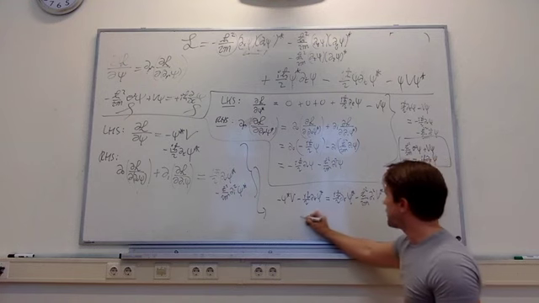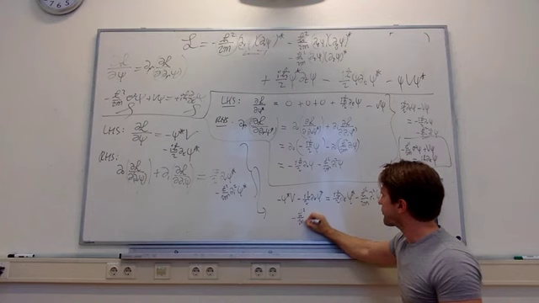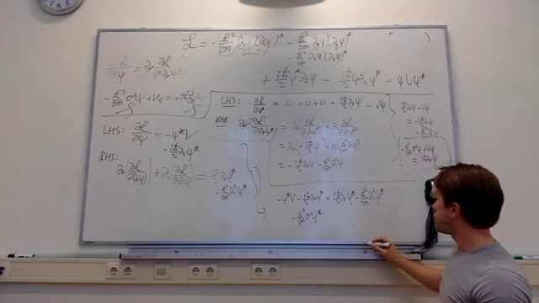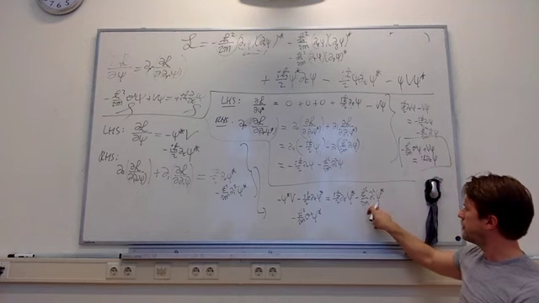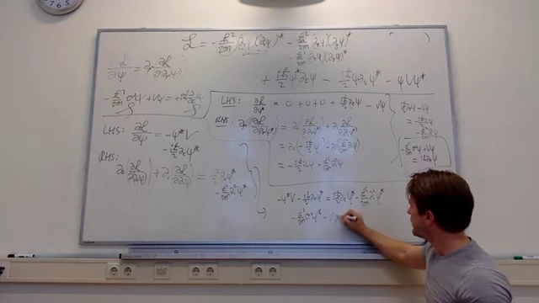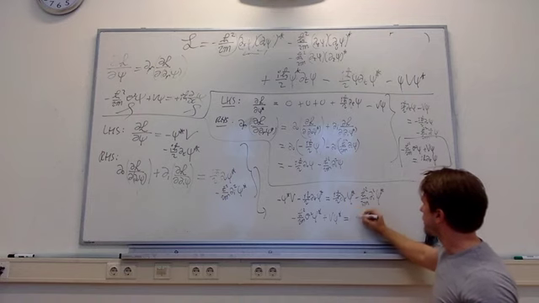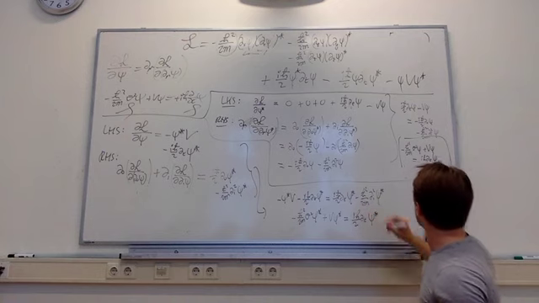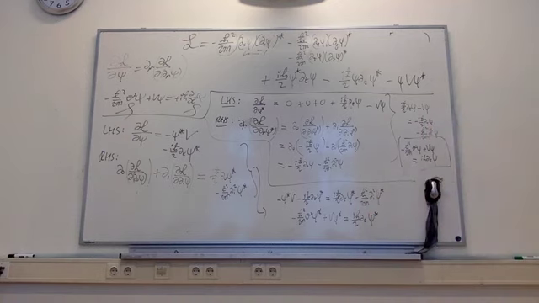Well, let's write out the Schrödinger equation. I just write down the same equation, but in its usual form. I get this one, then I get this one. I made a mistake, this should be positive.